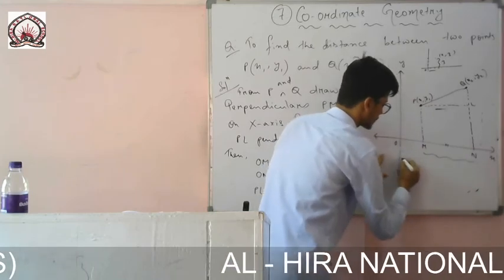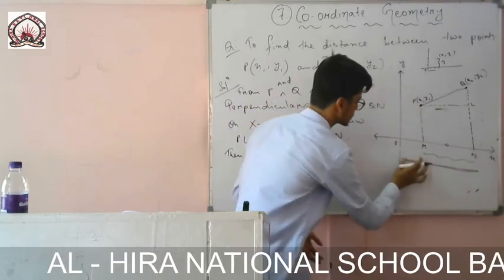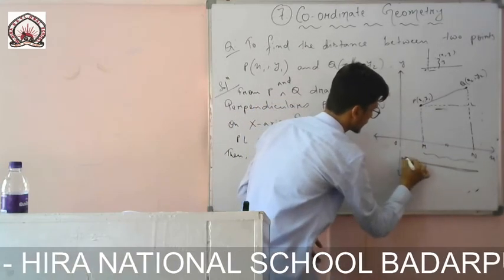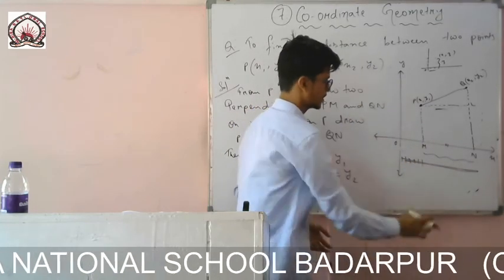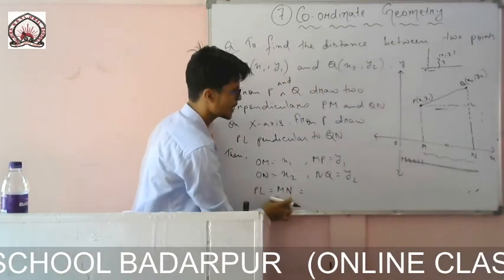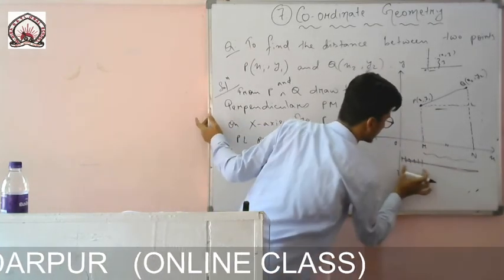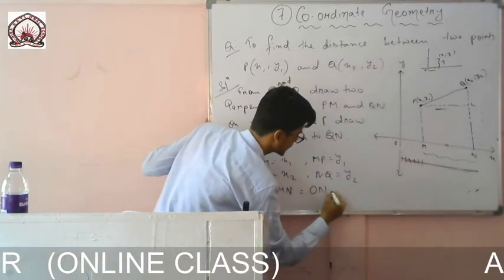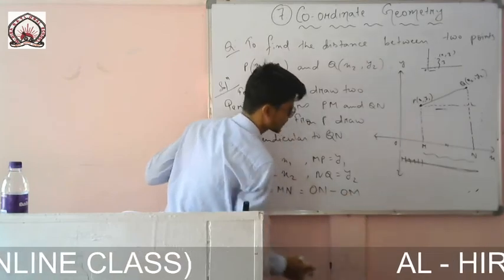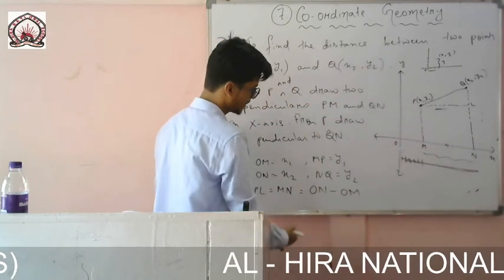This whole part, if I write first of all ON, then I subtract this part that is OM, the remaining part is equal to MN. So in place of MN I will write ON, the whole one, minus this part that is OM, which will be equal to MN.